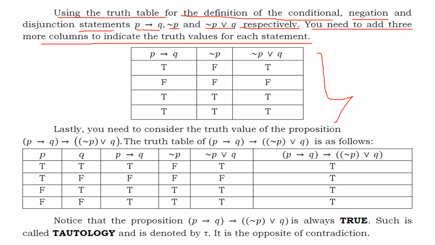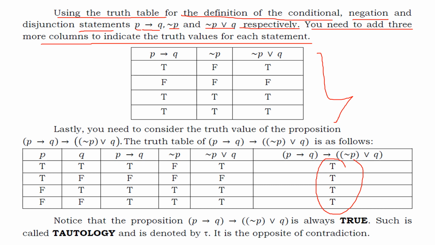Lastly, you need to consider the truth value of the proposition. In this case, our concern is these 4 truth values that are true, based on the result right after we use the logical connectors involved in this example.